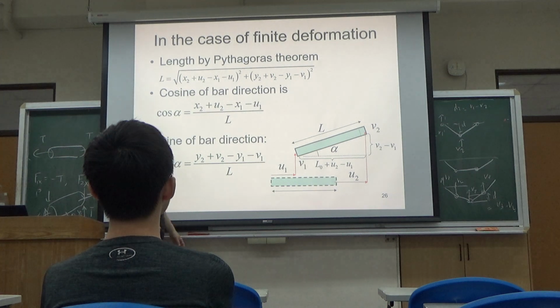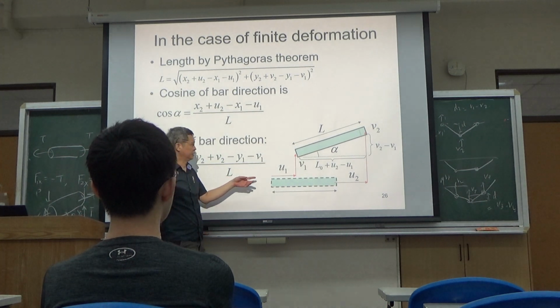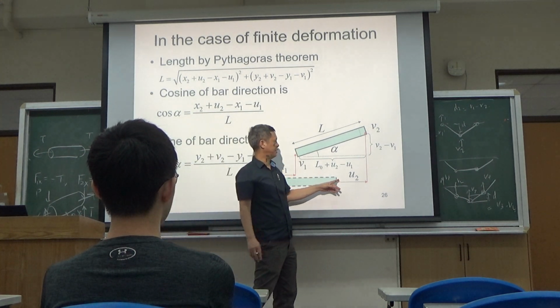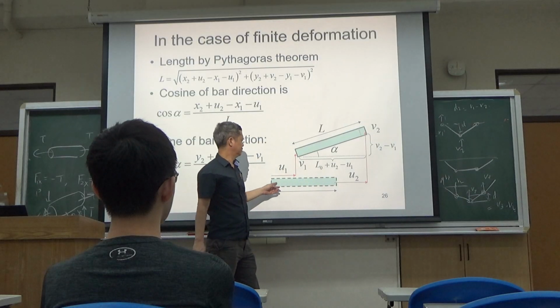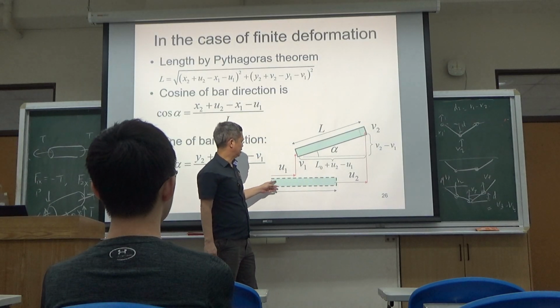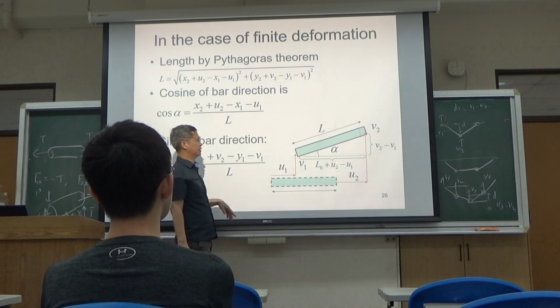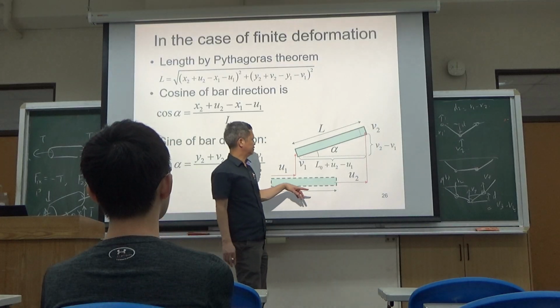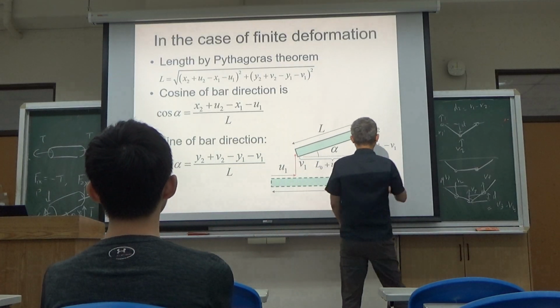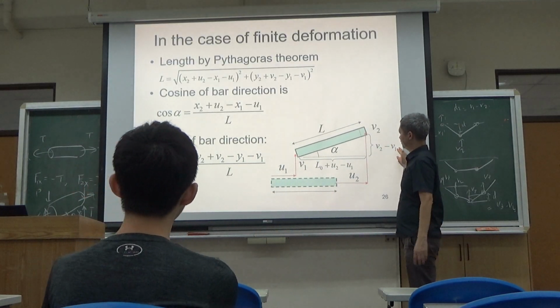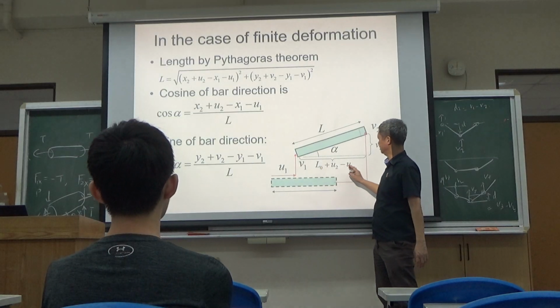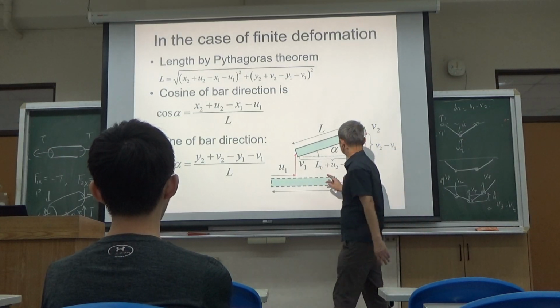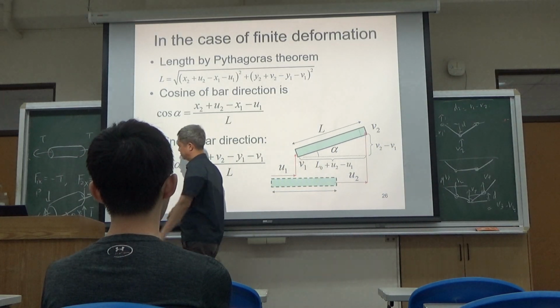Okay, now you can find out how much is the total length change by subtracting the right node displacement minus the left node displacement. So the vertical rise is your V2 minus V1. The horizontal displacement then is depending on this left side.